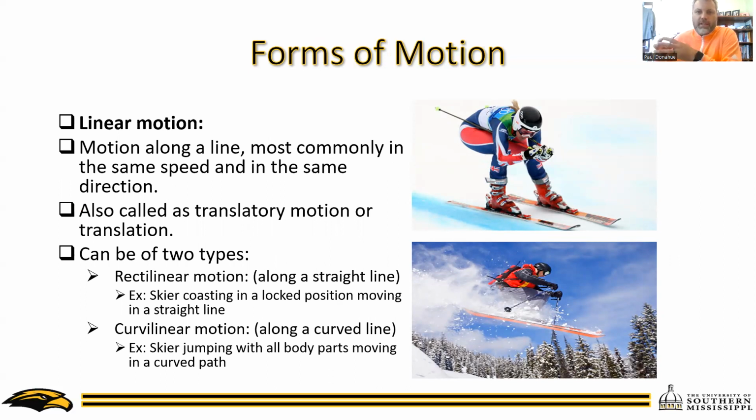Rectilinear motion is everything being locked in a position and moving along a straight line. If we look at our skier here, her feet, her hands, everything is going in a straight path at the same speed and the same velocity. In our second picture, at the bottom, our skier is in the air.